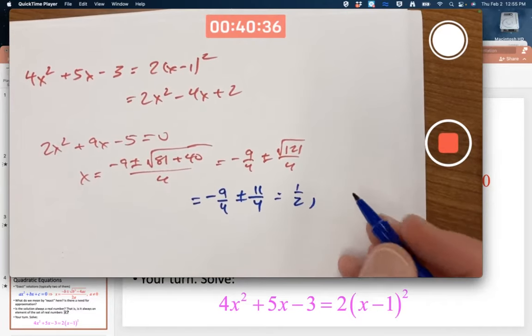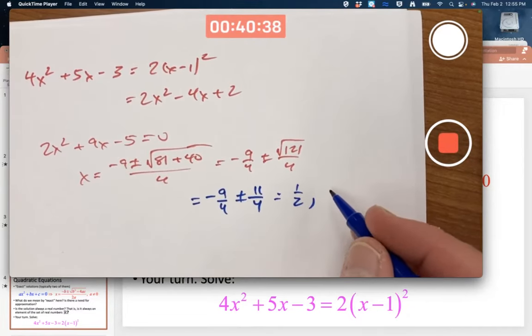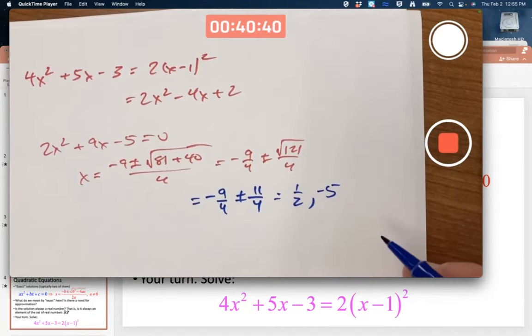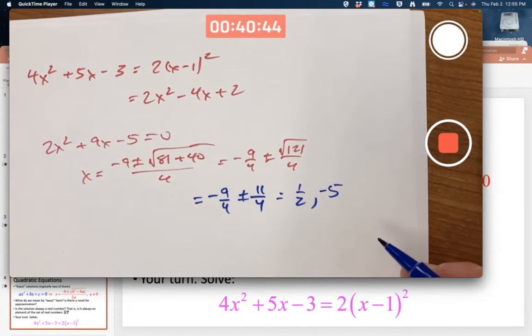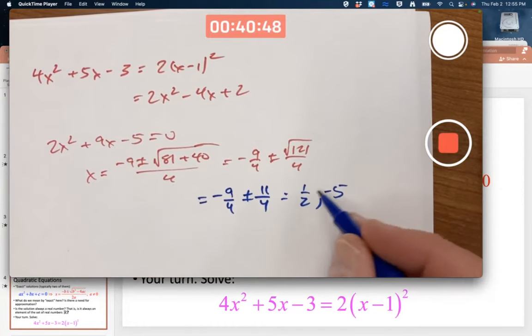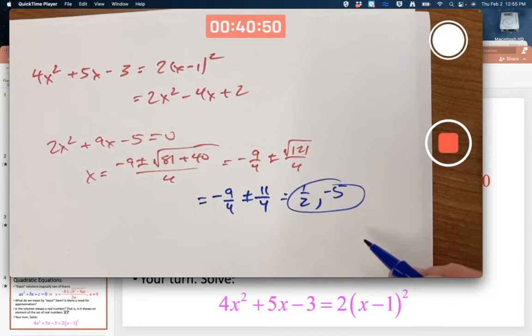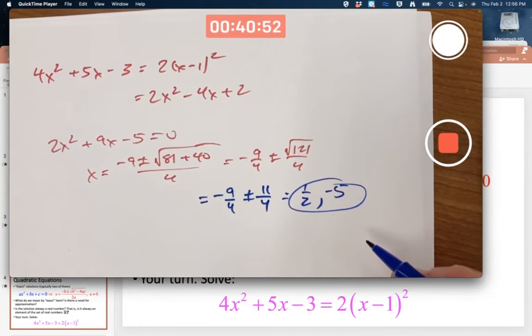Negative 9 minus 11 is negative 20. Negative 20 over 4 is negative 5. People get that? Did I make a mistake? Looks like those are your two solutions, and they both happen to be rational numbers in this case, though that was just chance. I didn't try for that to happen.